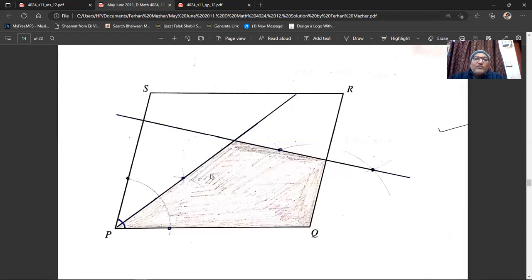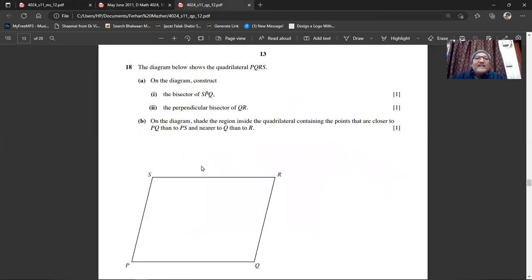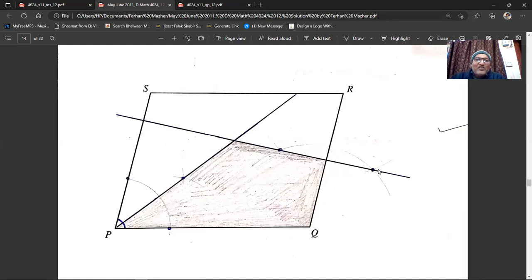So you have to remain on this side of this angle bisector. Then they say and nearer to Q than R. So they are talking about the perpendicular bisector. You have to remain nearer to Q than R, so you have to remain on this side of this line. So this is that area which will be shaded. And I hope you understand.